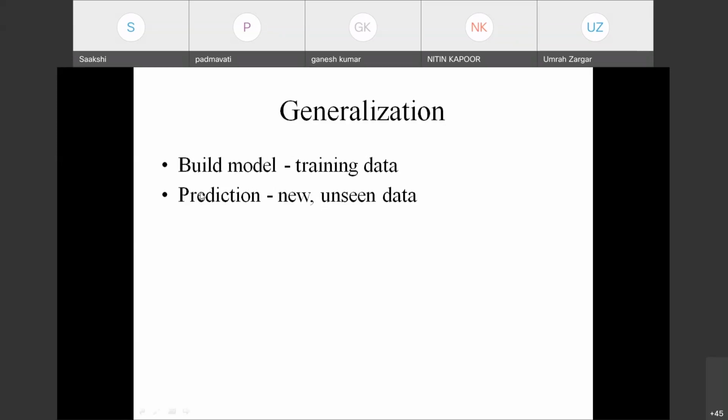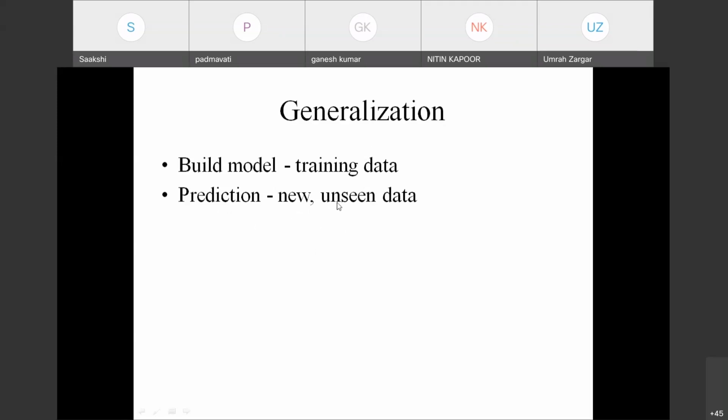Now, during testing, I test on data which has not been seen by the model. If we give the training data for the test, definitely I will get good accuracy, correct?